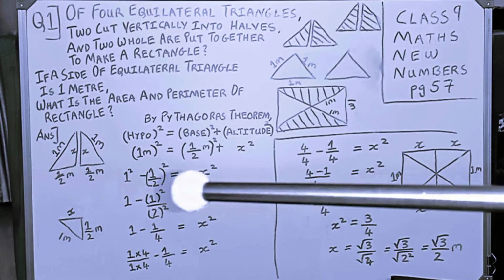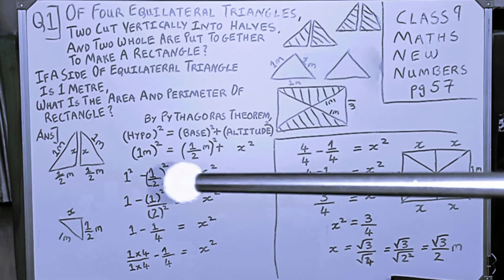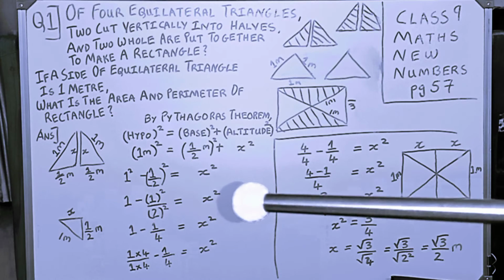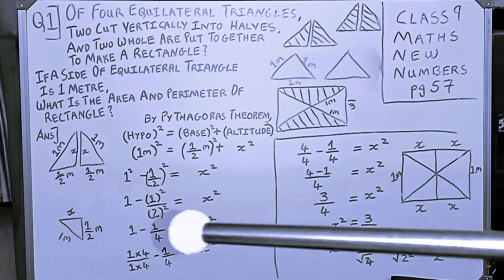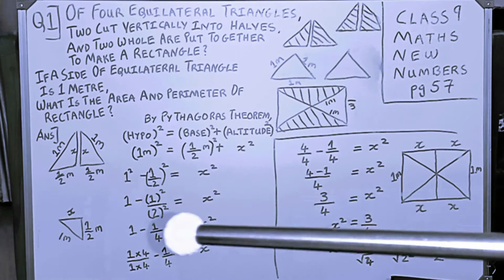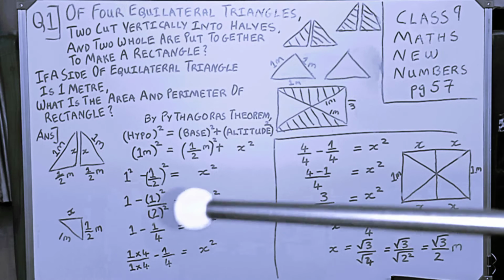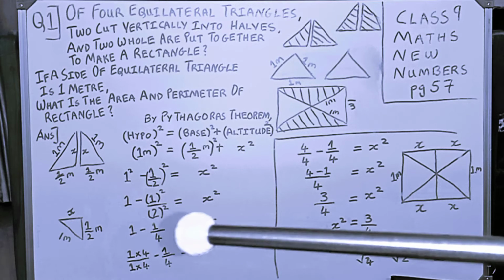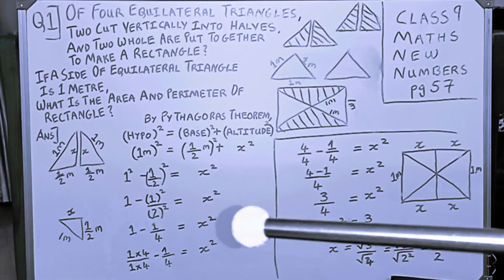Here also on the numerator minus 1 square, and denominator 2 square is equal to x square. Now 2 square is 2 into 2, which is 4. So we get 1 minus 1 by 4 is equal to x square.